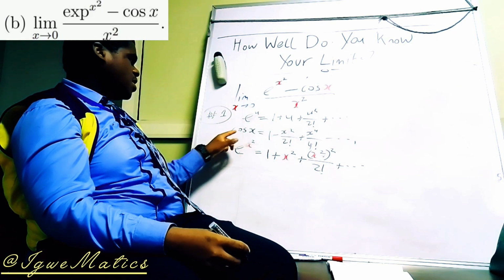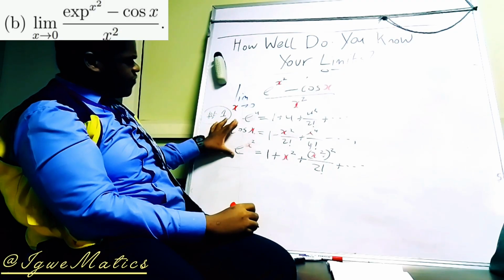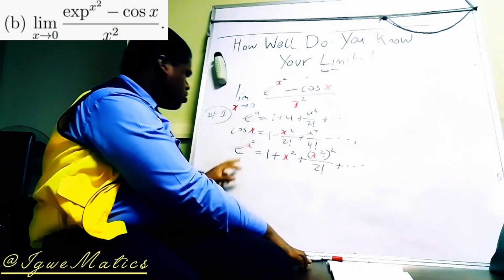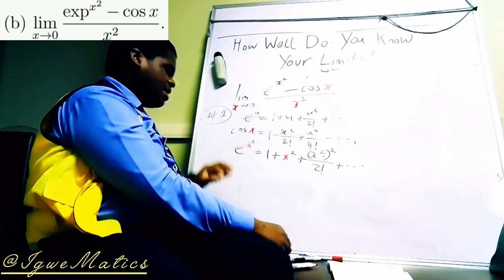Let me use red for x in this, so you know where x is. And cos x is already given in x. So we have these two expressions, and we want e to the power of x squared minus cos x, so we are going to have this term minus all the terms here.